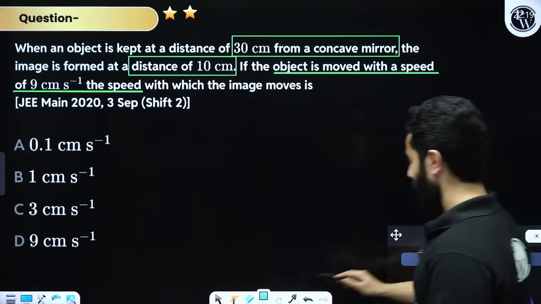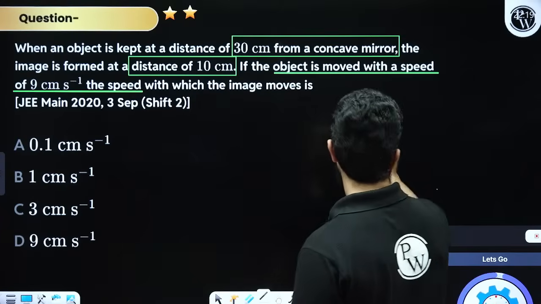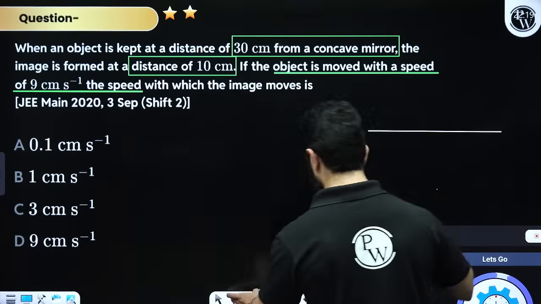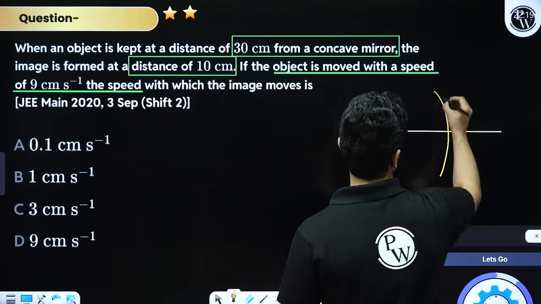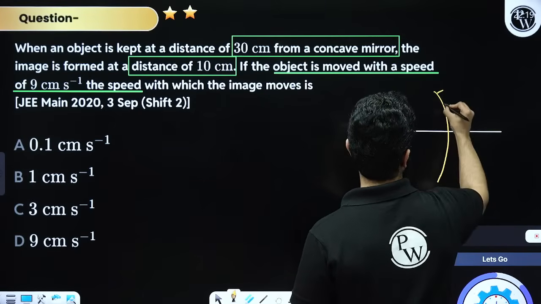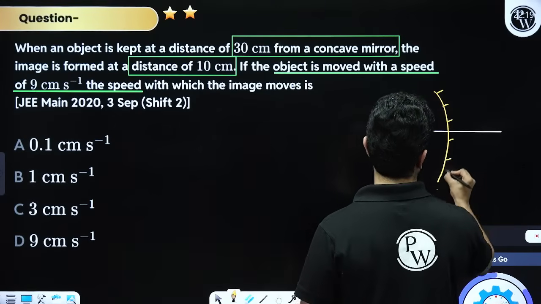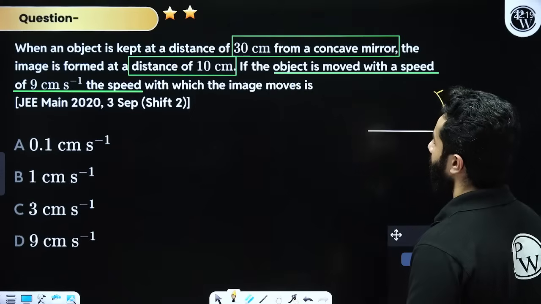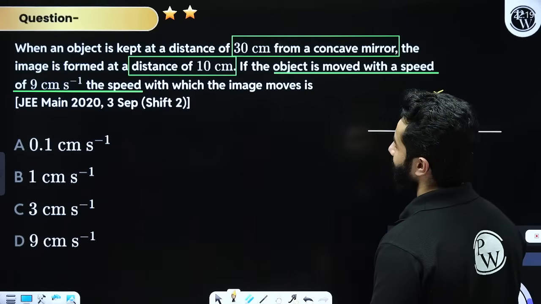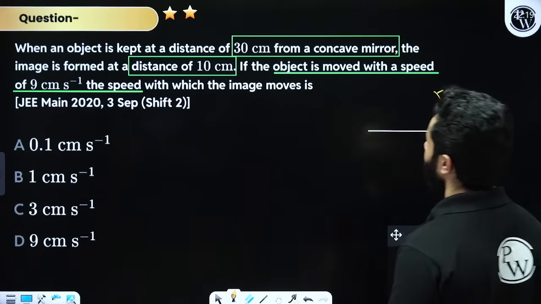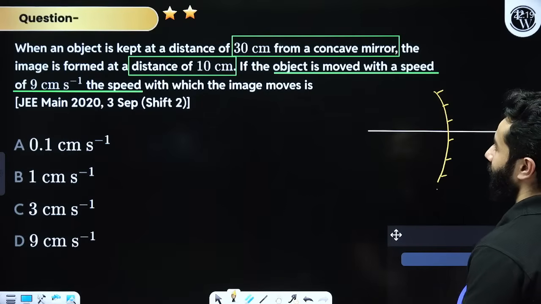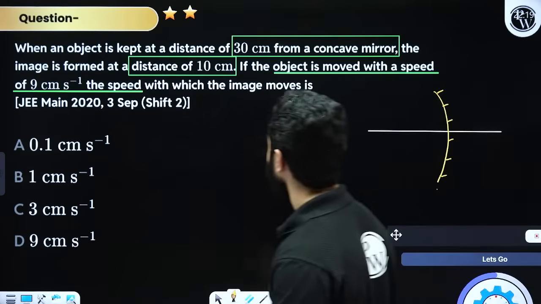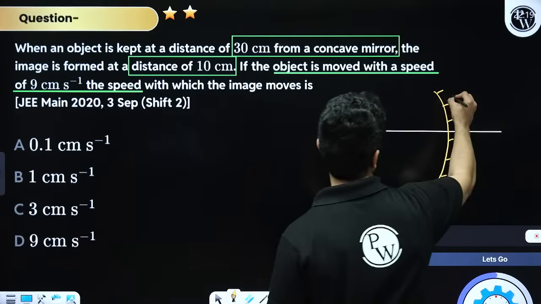Come on. For this one, you have got a concave mirror. Its focal length is not given. When an object is kept at a distance of 30 centimeter from the concave mirror, its image is obtained at 10 centimeter. So let's suppose its focal length is f.